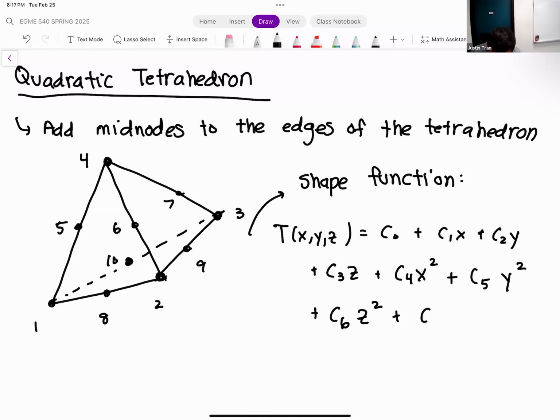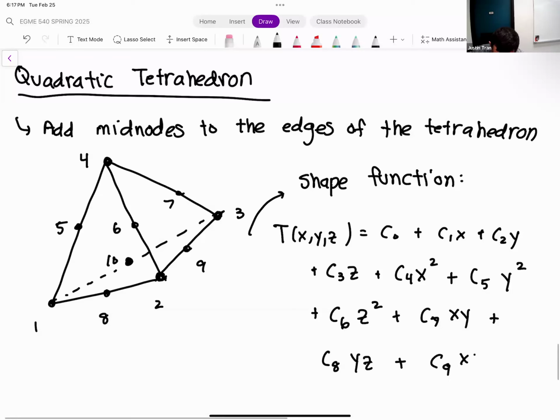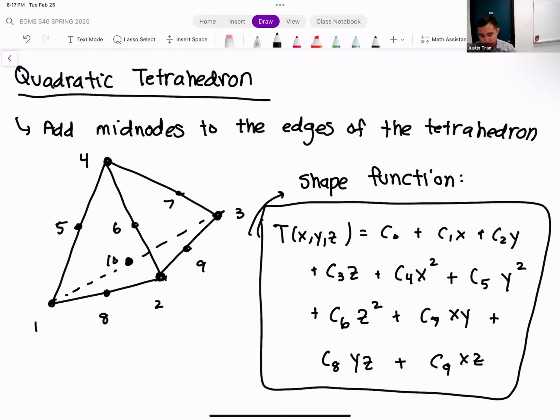We have plus c7 xy plus c8 yz plus c9 xz. All right, so it's a lot of terms. Wait till you see the quadratic hexahedron.